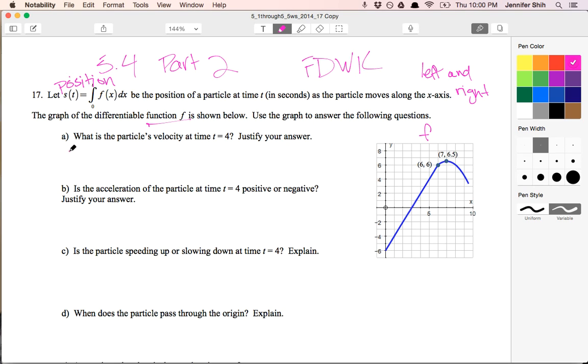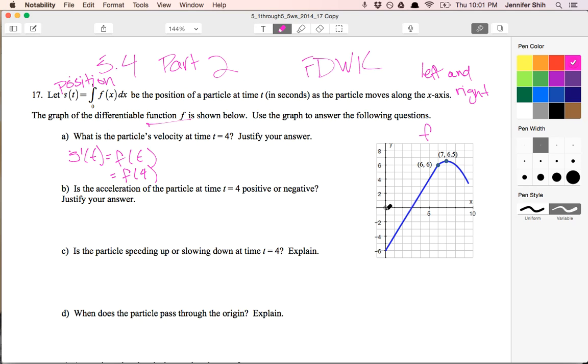The velocity is the derivative of the position. So s prime of t is going to equal the derivative of this integral. And the derivative of an integral undoes the integral, so we end up getting the function right back, f of t. So if we want f of 4, we're going to have to just read our graph.